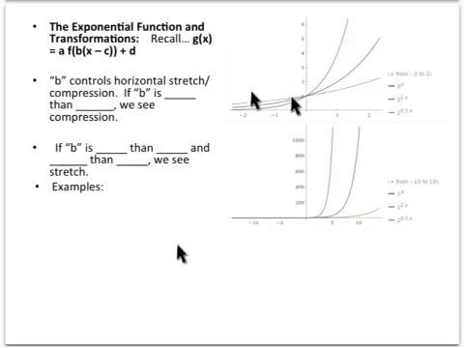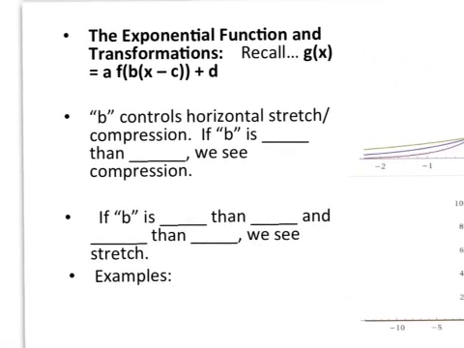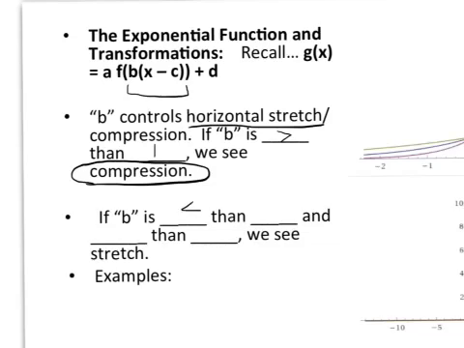Now let's look at what b controls. Now b controls horizontal stretch and compression. And if b is greater than 1, we're going to see horizontal compression. Remember, the things on the inside here are going to be backwards from what we would expect. And if b is less than 1 and greater than 0, we expect to see horizontal stretch.